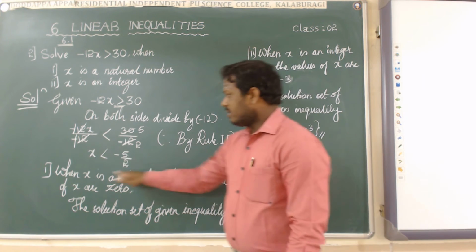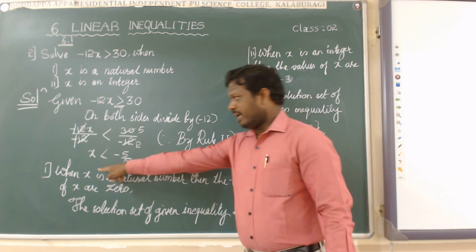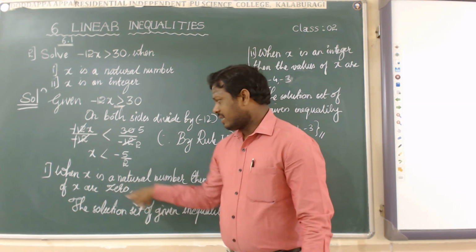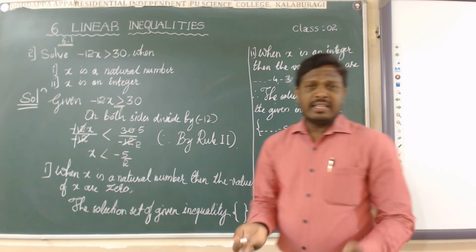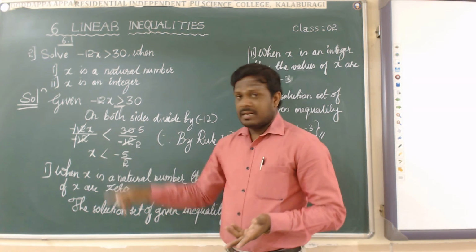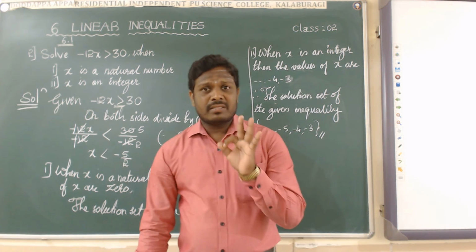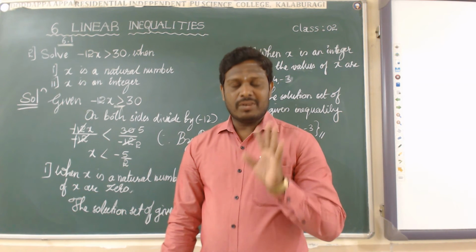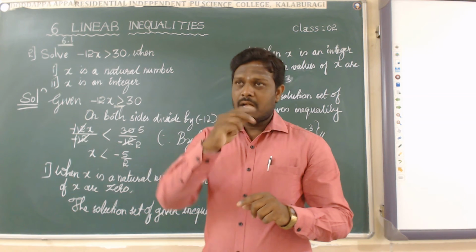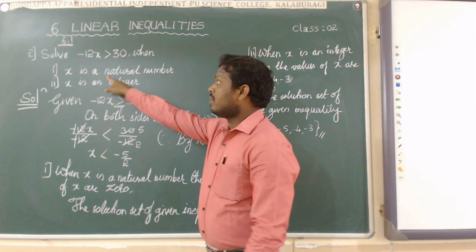So that's why I wrote simply, where x is a natural number, there are no values of x, because there are no solutions. Keep in mind the natural numbers always start from positive 1, 2, 3, up to infinity. You can't see negative values in the set of natural numbers.